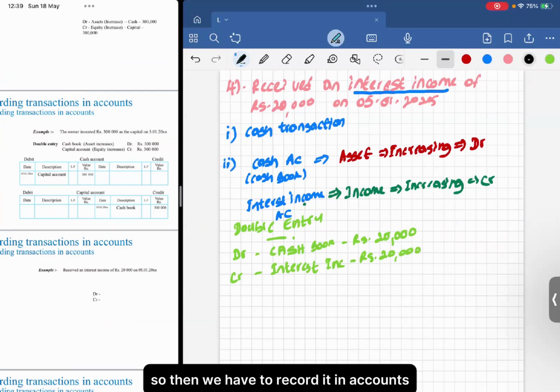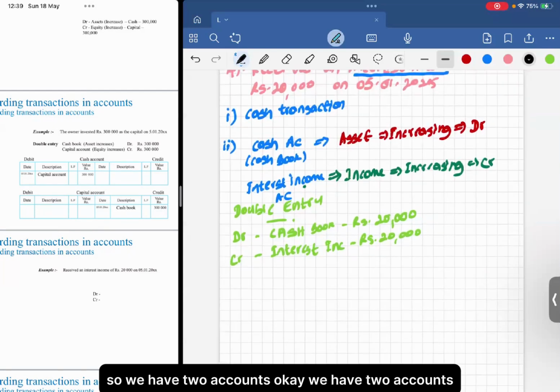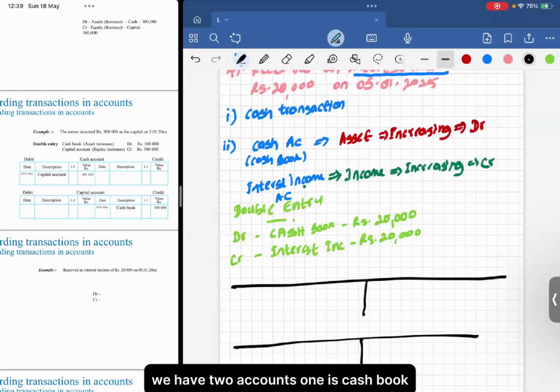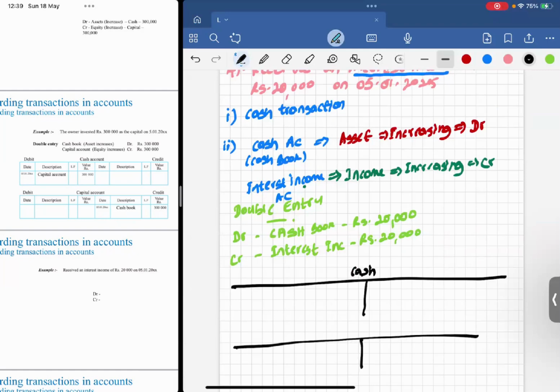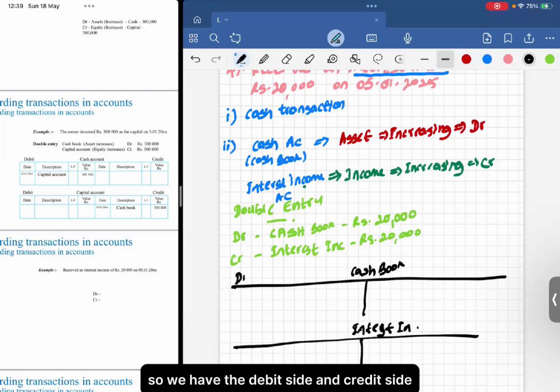So then we have to record it in accounts. We have two accounts. One is the cash book. The next one is the interest income account. So we have the debit side and credit side.